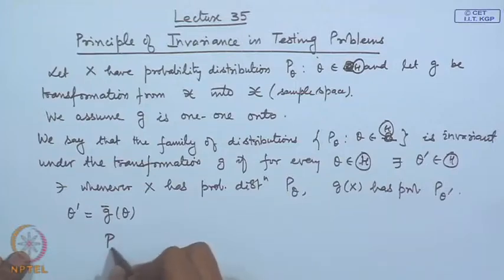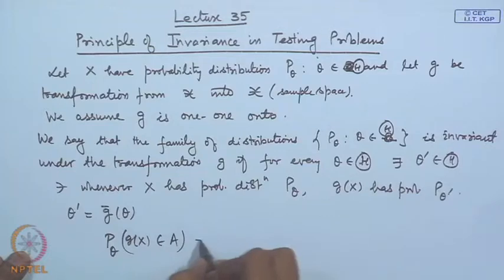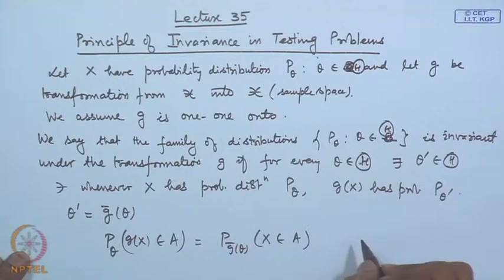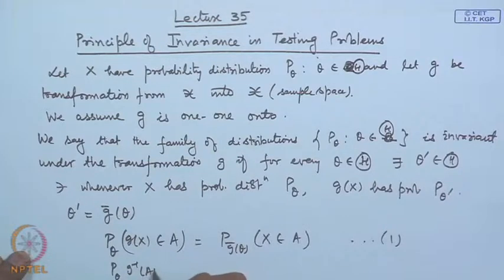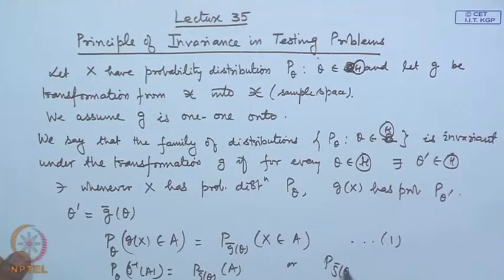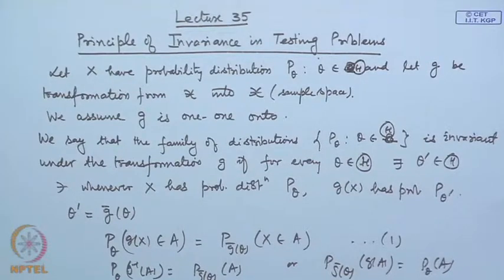That means we are saying p theta of g x belonging to A is equal to p g bar theta of x belonging to A. Or we can say p theta of g inverse A is equal to p g bar theta of A, or p g bar theta of g of A is equal to p theta of A. We can write this condition in various forms.